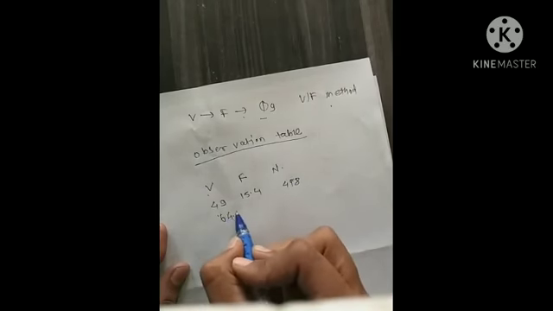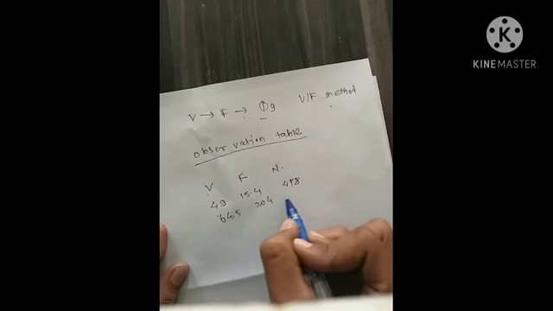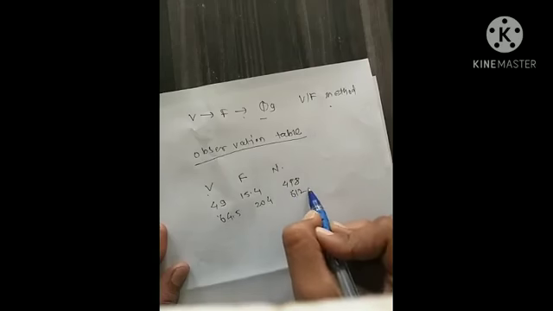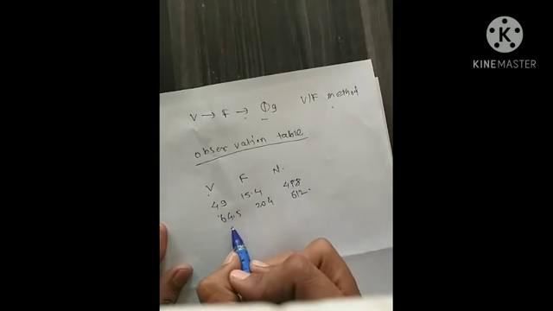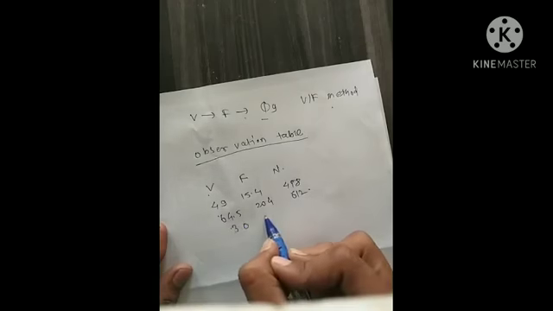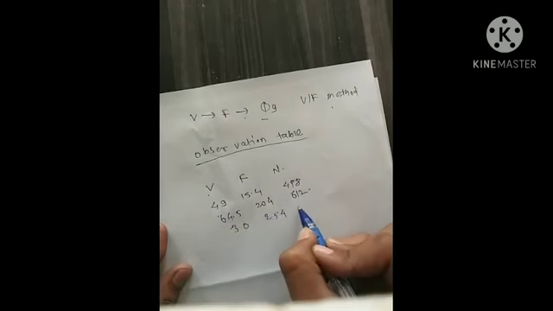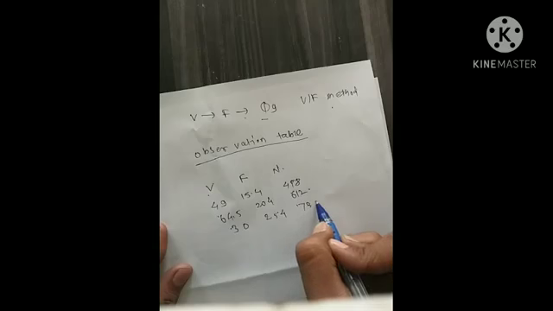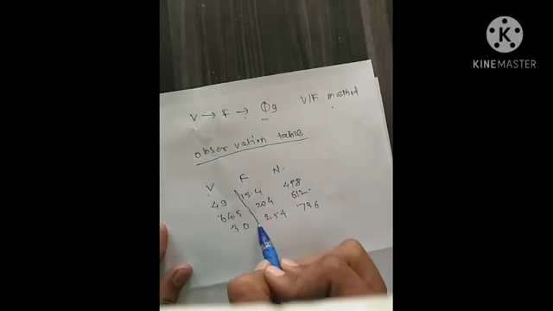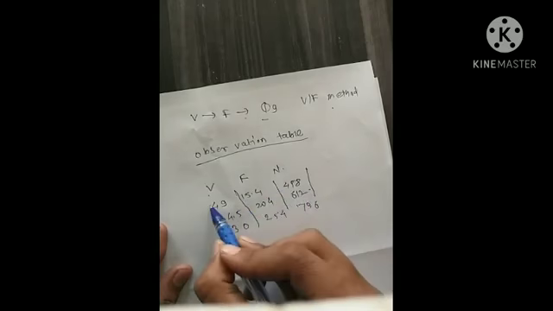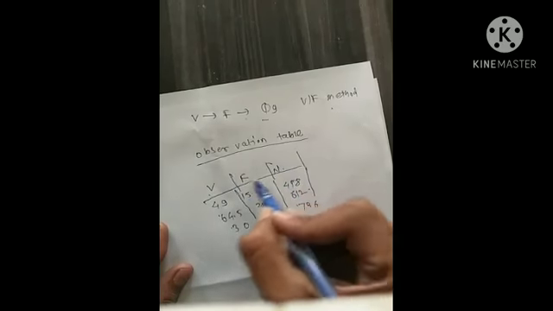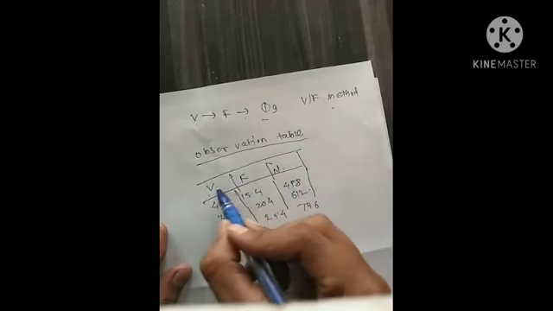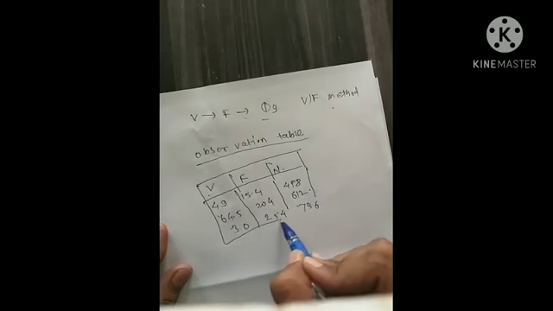Then 64.5 volt, 20.4 hertz, 610 RPM. After that, if the voltage is 73 volt, then the frequency is 25.4 and the speed is 736 RPM. We consider only three readings here. V is the supply voltage, F is the frequency in hertz, and N is the speed in RPM.